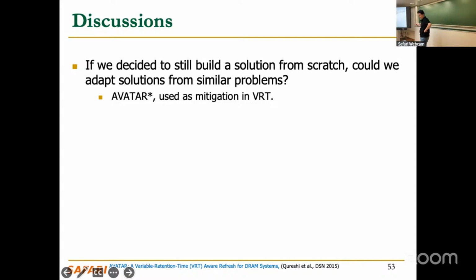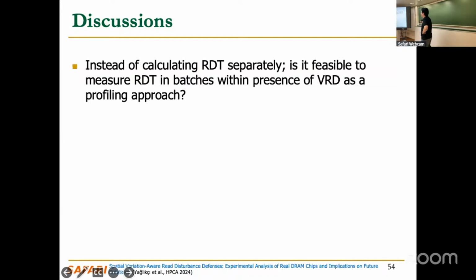Maybe I'll try to ask easier questions actually. Instead of calculating these thresholds separately, can we calculate them in batches?